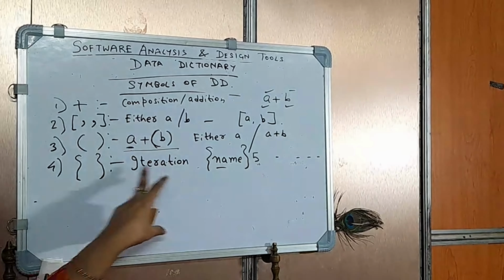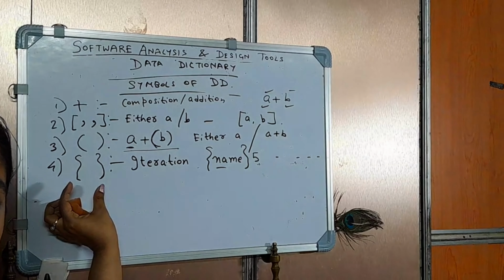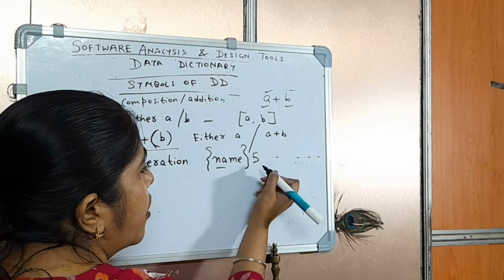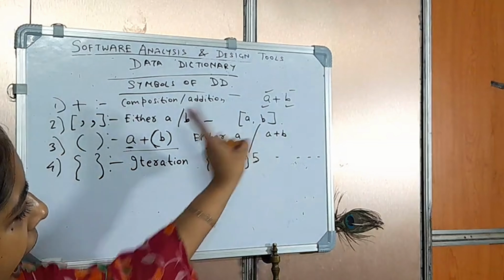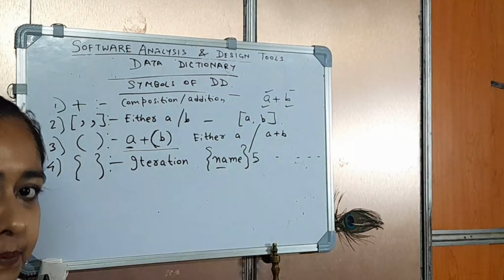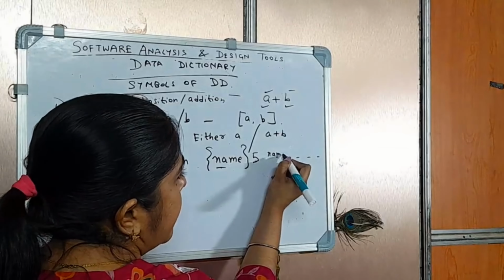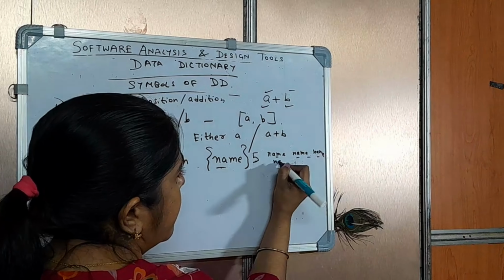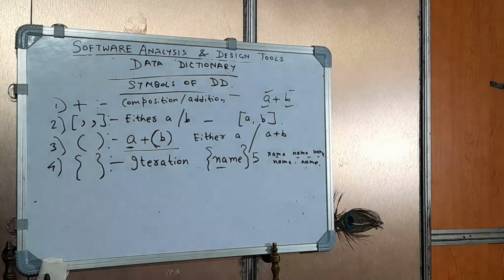That is iteration. This bracket is given for the particular thing which you want to iterate, and the number of times you are going to do that iteration is written outside the second bracket, that is 5. That means I am going to repeat this name 5 times: name, name, name, name, name. So this is the case of iteration.